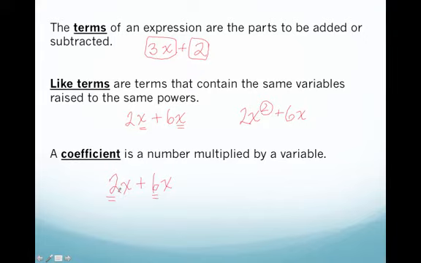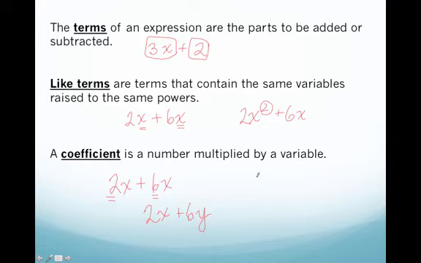If I have 2 x's or 2 apples plus 6 x's or 6 apples, I've got 8 apples altogether. However, if I have 2 x's and 6 y's, that's like having apples and oranges. They're not going to combine. I still have 2 x's and 6 y's, but I'm not going to be able to do anything with those. I can't add them together.